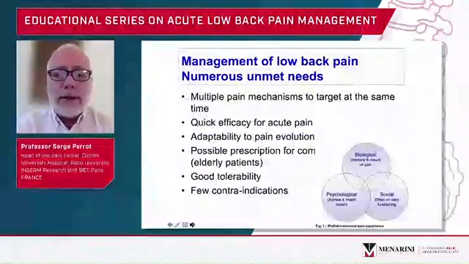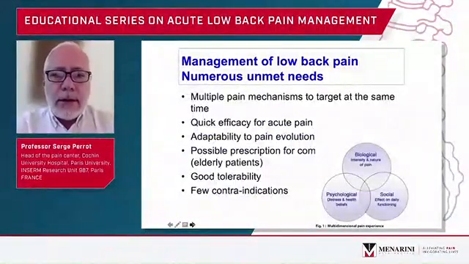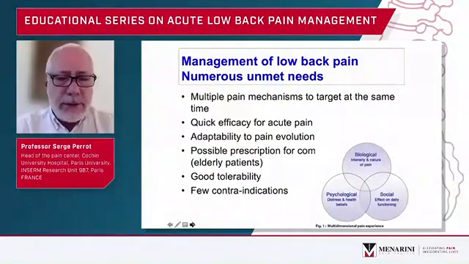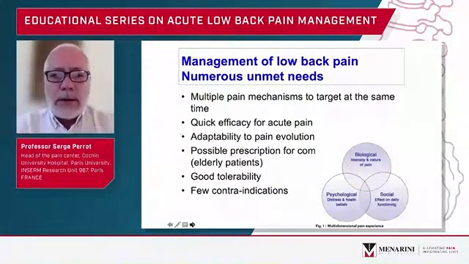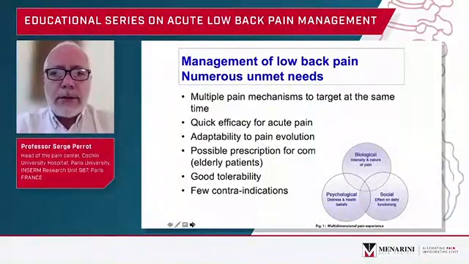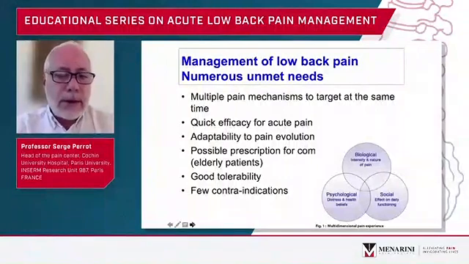As you can see, low back pain is really a very frequent condition. There are lots of unmet needs in acute and chronic low back pain. One of these unmet needs is that acute low back pain has multiple pain mechanisms. At the same time, we should target all these different mechanisms.